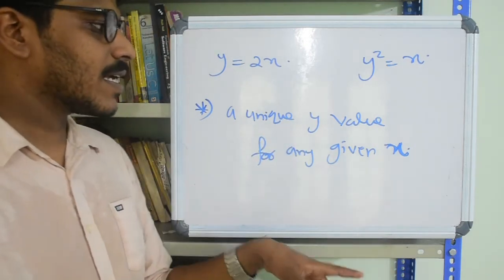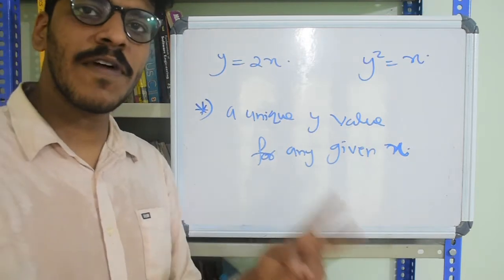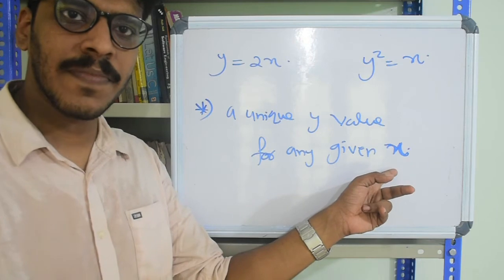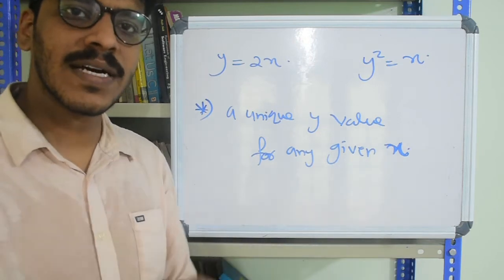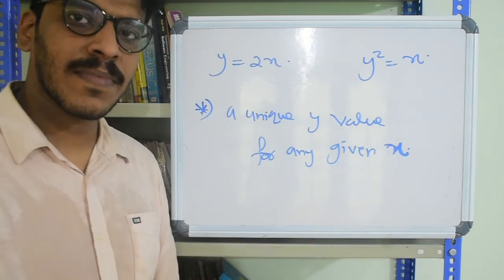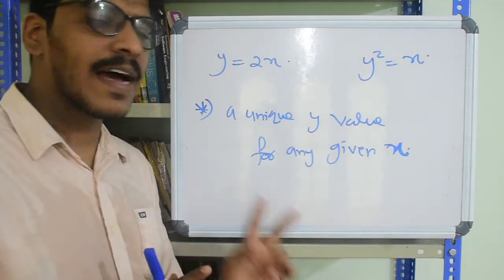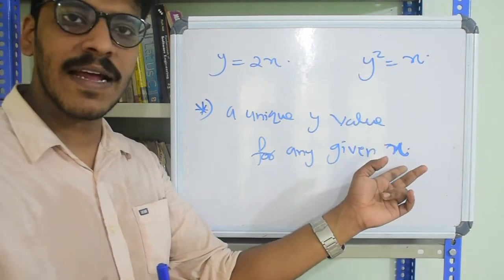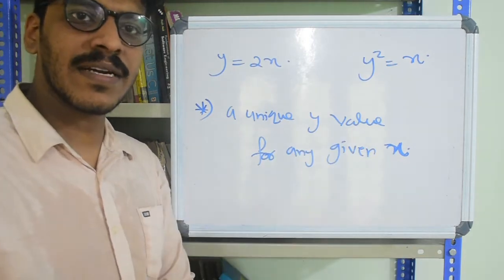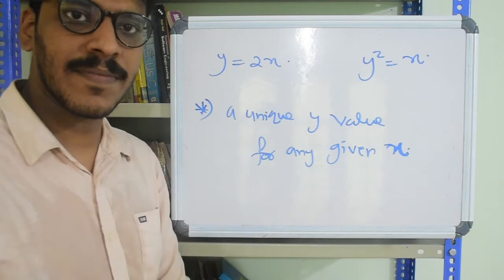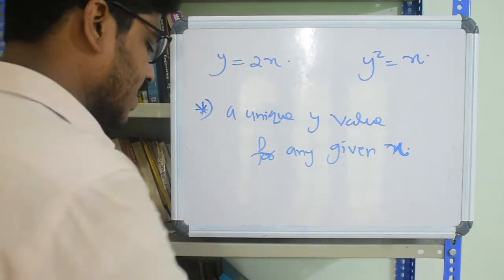In other words, if you can find two values for y when you give a single value for x, such an equation is not considered a function. I'll repeat: if you can find two different values for y when you give a single value to x, such an equation will no longer be considered a function. So what happens in our cases?